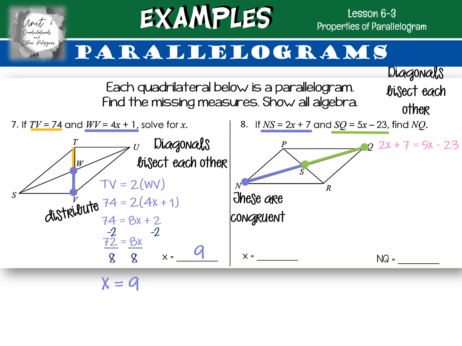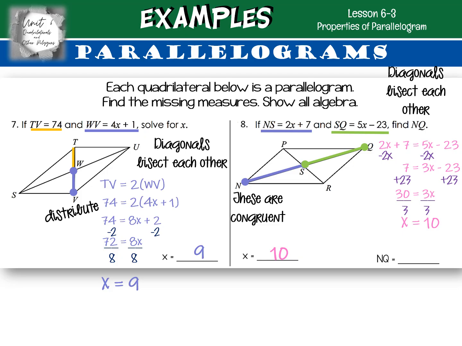So let's set them equal to each other. 2x plus 7 equals 5x minus 23. Move the smallest x. Subtract 2x on both sides. So we get 7 equals 3x minus 23. Add 23 to both sides. 30 equals 3x. Divide both sides by 3. X is 10, but we're not done.